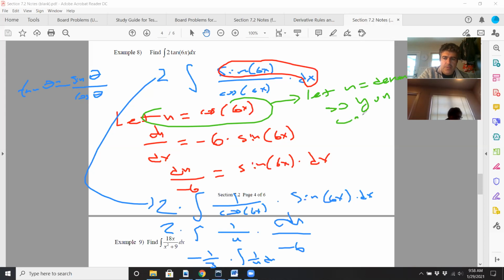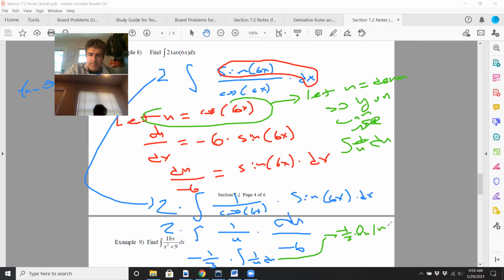So that you can use the 1 over u du formula. And what is that going to be? Negative 1/3 times natural log of the absolute value of u, because you have the absolute value, plus c.